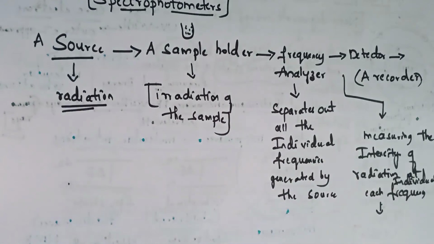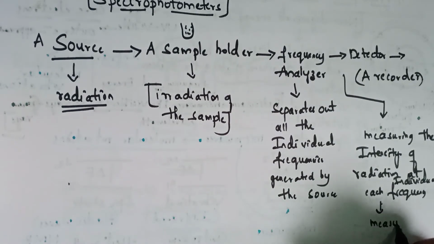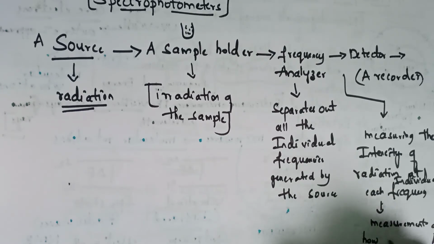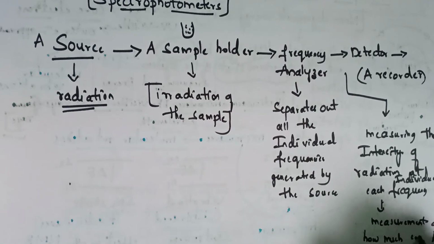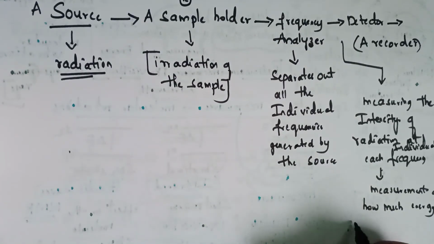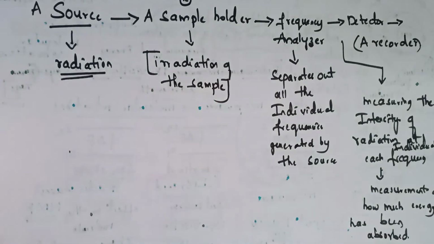Now by this we can calculate how much energy is observed at each of these frequencies. That is, it will lead to the measurement of how much energy has been observed at each of the individual frequencies by the sample.